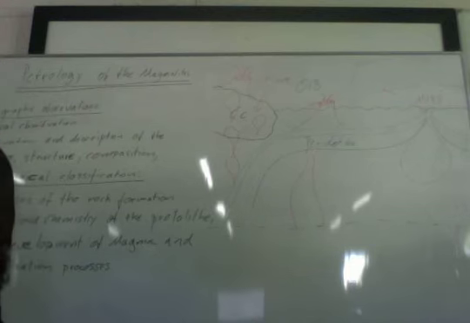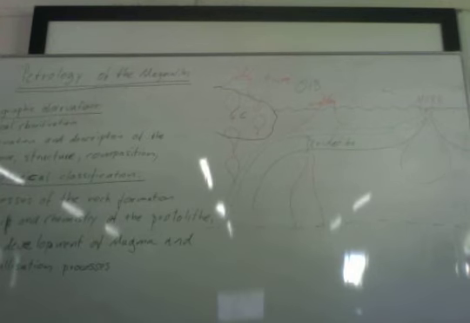So because, as I told you last week, we have at first a melt. Then you are crystallizing from this melt different minerals, and these minerals are crystallizing at different temperatures.